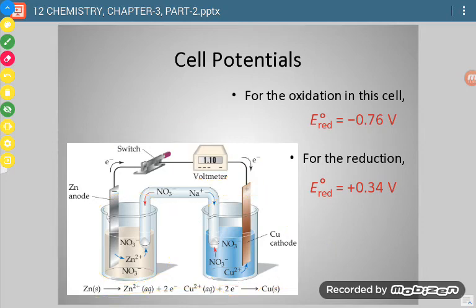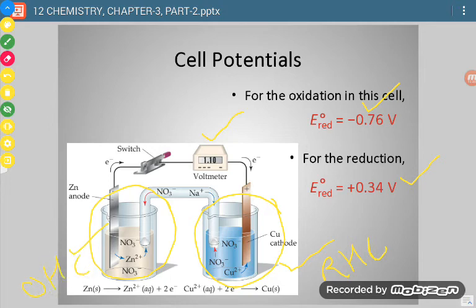So here let us think this much: this half cell is the copper half cell, and its standard reduction potential is plus 0.34 volt, and this is the zinc half cell, whose standard reduction potential value is this much. They give the EMF value when they are connected like this, which means this acts as cathode and this acts as anode, or this is the reduction half cell and this is the oxidation half cell.